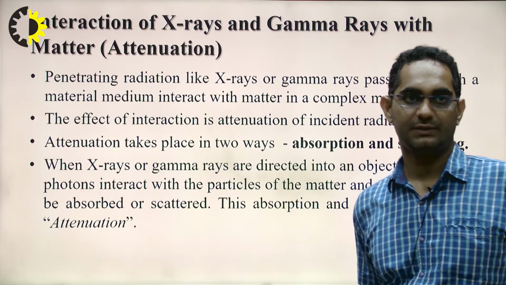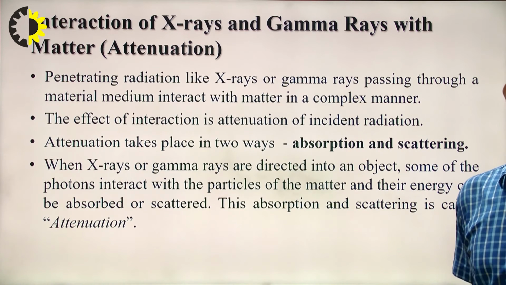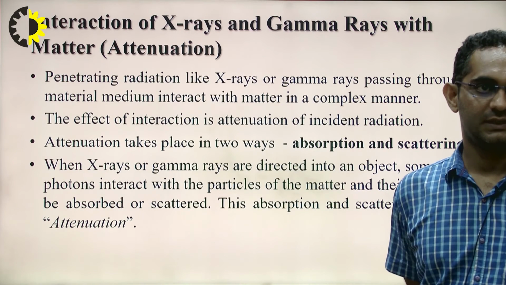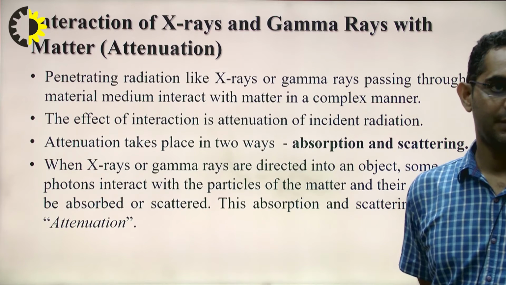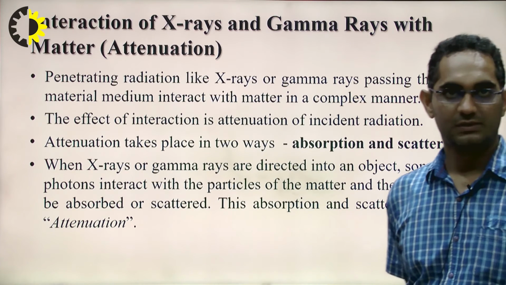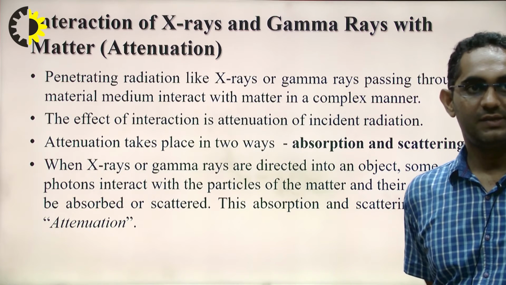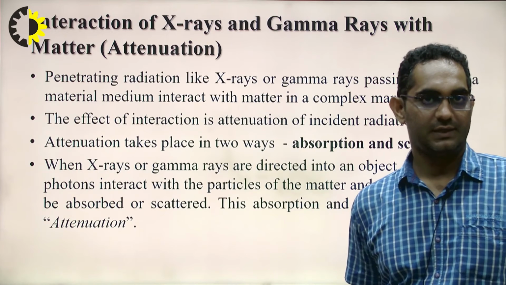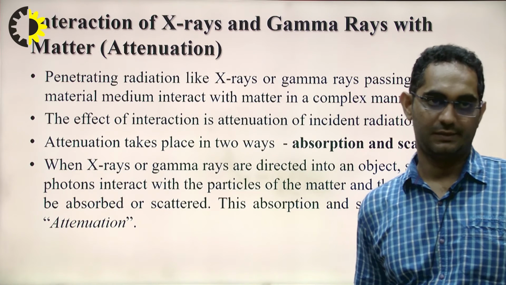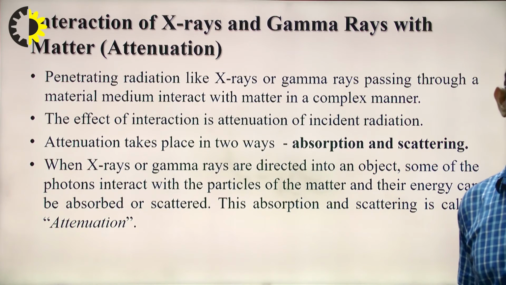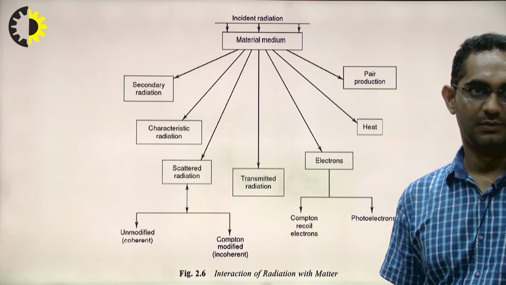Attenuation takes place in two ways, absorption and scattering. When X-rays or gamma rays are directed into an object, some of the photons interact with the particles of the matter and their energy can be absorbed or scattered, and this absorption and scattering is called attenuation.